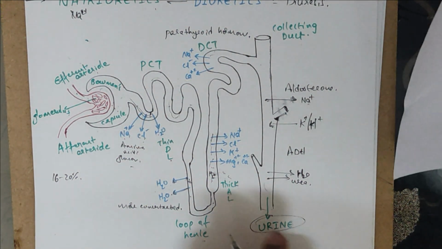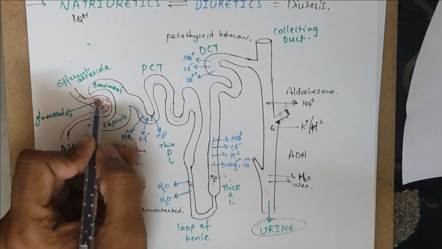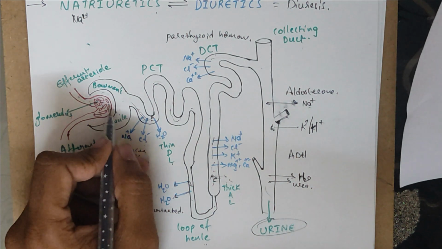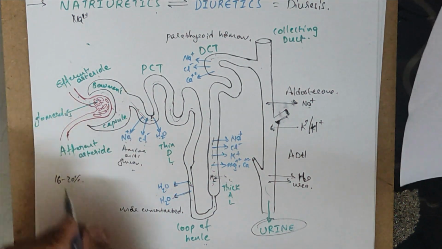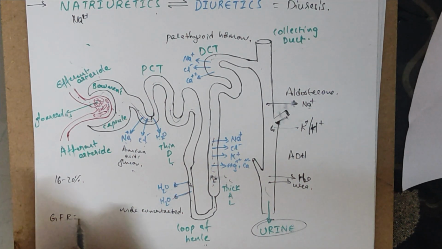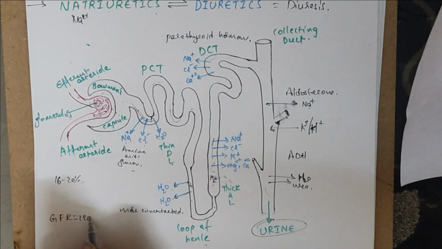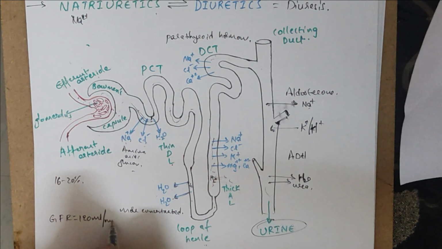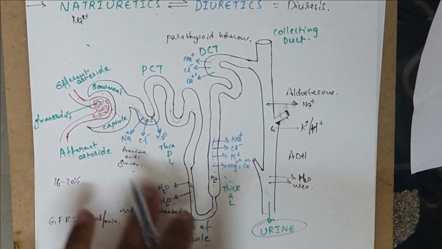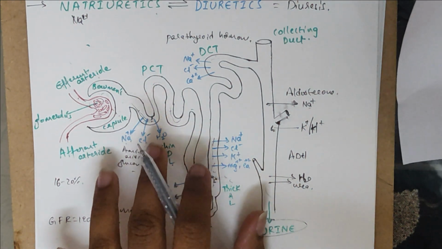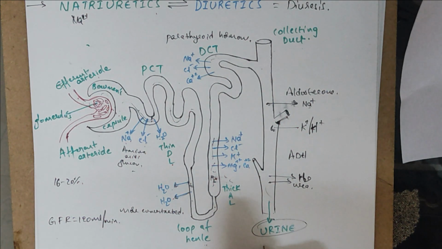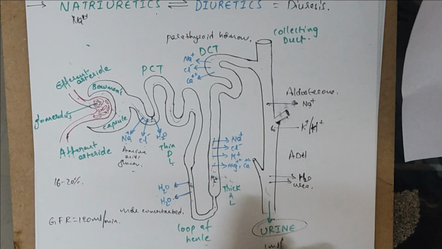This is the urine. Here the fluid filtered from the glomerulus is glomerular filtrate, and the GFR, glomerular filtration rate, is 120 ml per minute. But after all these reabsorption and secretion processes, the final output of urine is just 1 ml per minute.